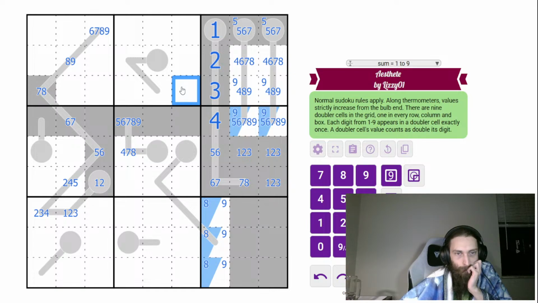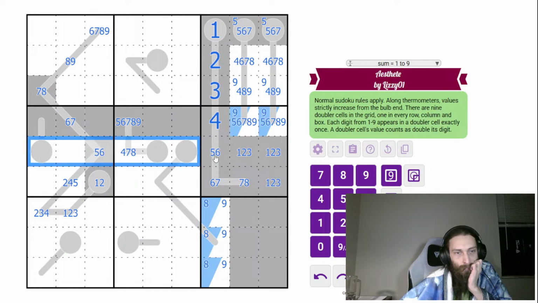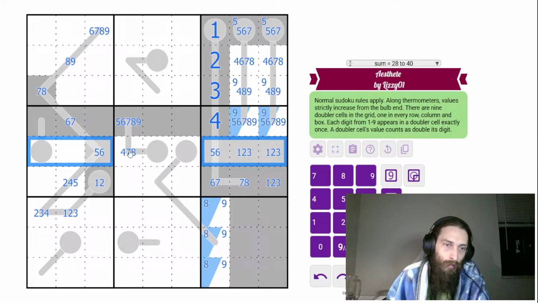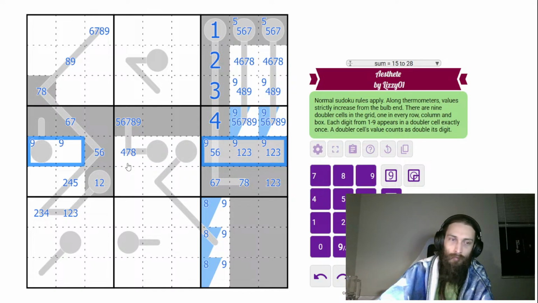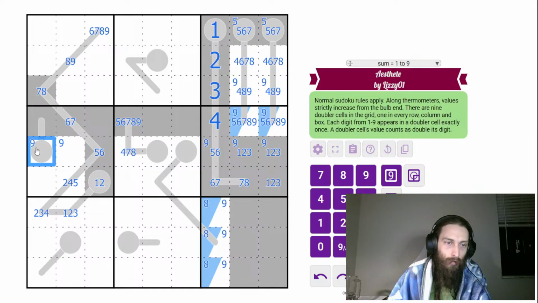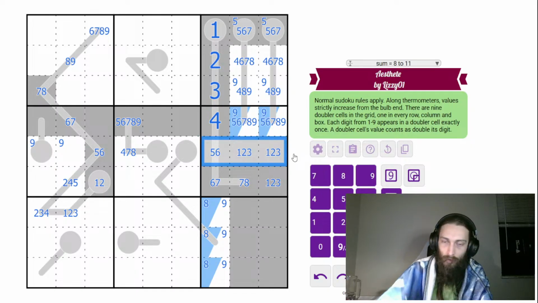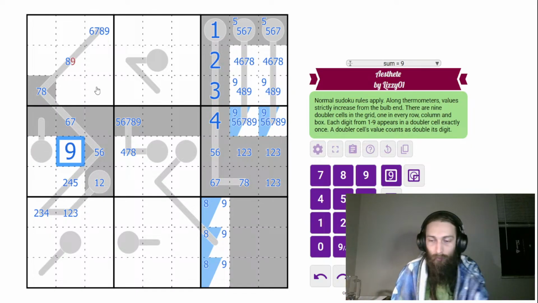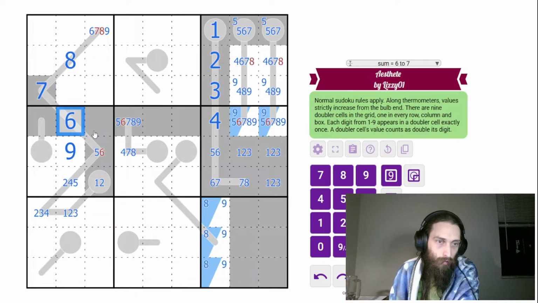In row 5, we cannot put a 9 on a bulb in box 5. Right, because it would have to be followed by too many doubles. And then this can't be none of those, and you can't put it on the bulb, so that has to be a 9. So that's an 8, a 7, a 6, 5, 7, 8, not a 5.